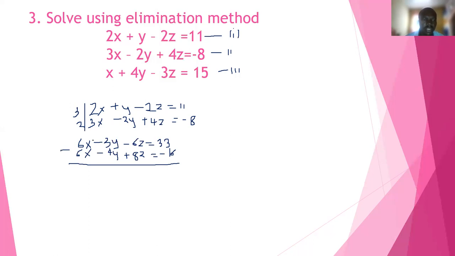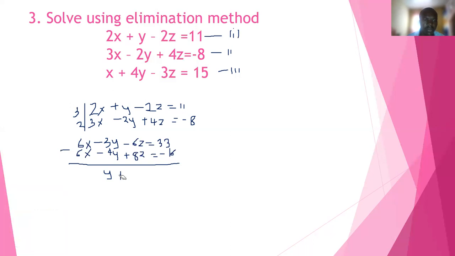Well, this one will be equivalent to 0. Then we have -3y minus 4y, which will be -7y. Let's check, it will be minus.